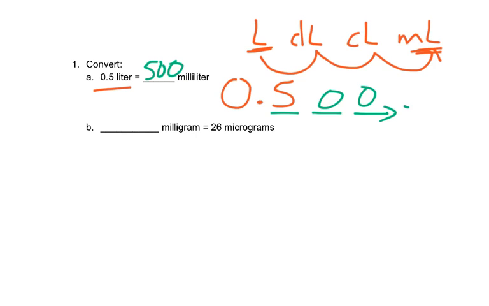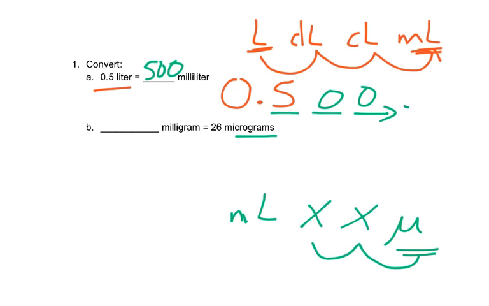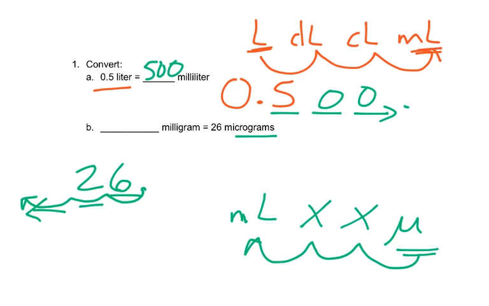So let's look here at the next one, micrograms. Micrograms is at the very end. Remember, there's two spots that we don't really use. And then the next spot over is milligrams. So if we're starting with micrograms and we're trying to go to milligrams, that's 1, 2, 3 spots to the left. So we look at our 26 and the decimal is at the end. So we're going to go 1, 2, 3 spots to the left.